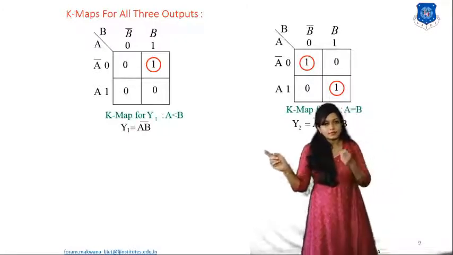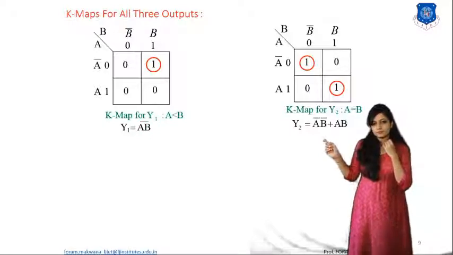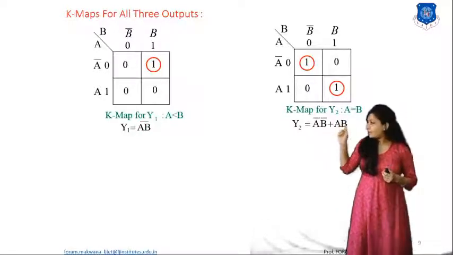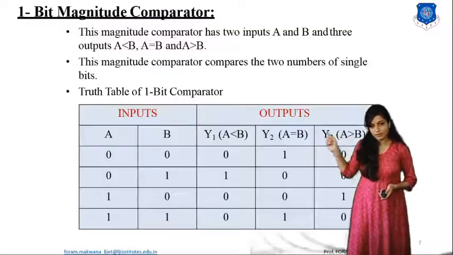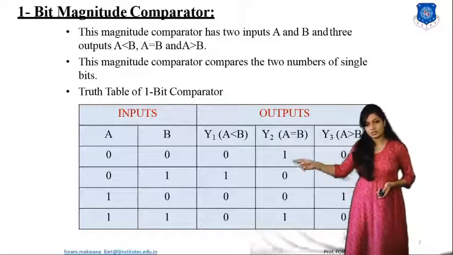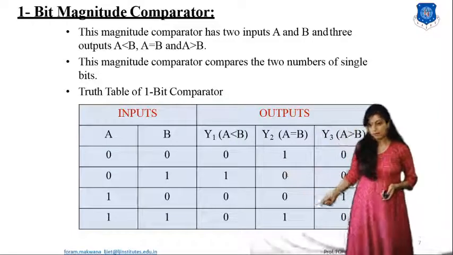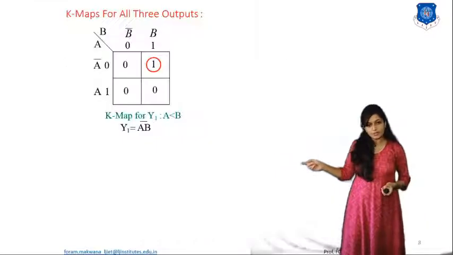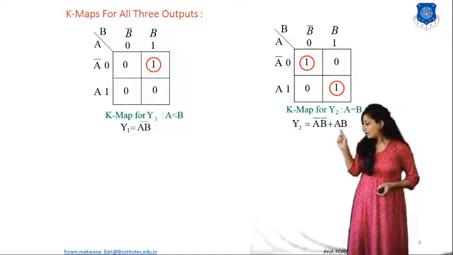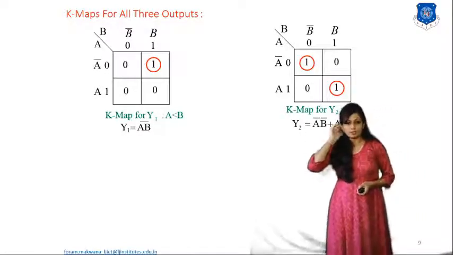Similarly, for Y2, what is Y2? The output when A and B both are 1 or both are 0. So over here we are getting the two ones at these positions. I can say A dash B dash and AB. So A dash B dash plus AB will be the Boolean function for the output Y2.